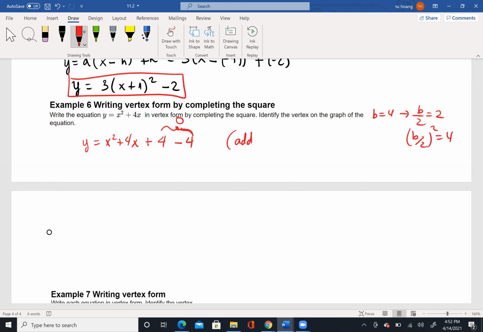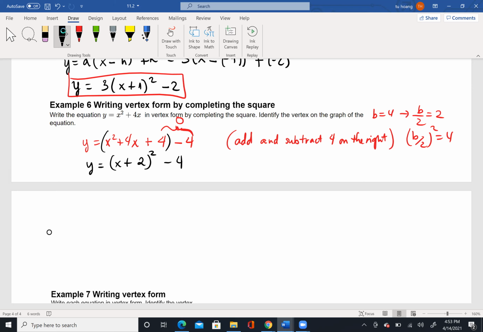But why do I have to do that? Because I try to make a completed square. Add and subtract 4 on the right. Right? Then if you look at the part x squared plus 4x plus 4, it can be converted to y equal to (x plus 2) squared minus 4.